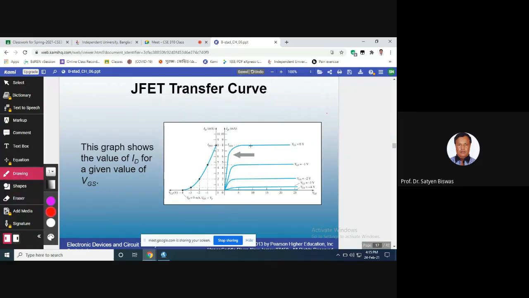How to do that? You see here, the first thing is when you have VGS equal to 0, corresponding to IDSS, you go and extend this value, right? Extend here and then get this point. In the same way, you extend this one and go here and then you find this point. And from this curve, you find this one, right?